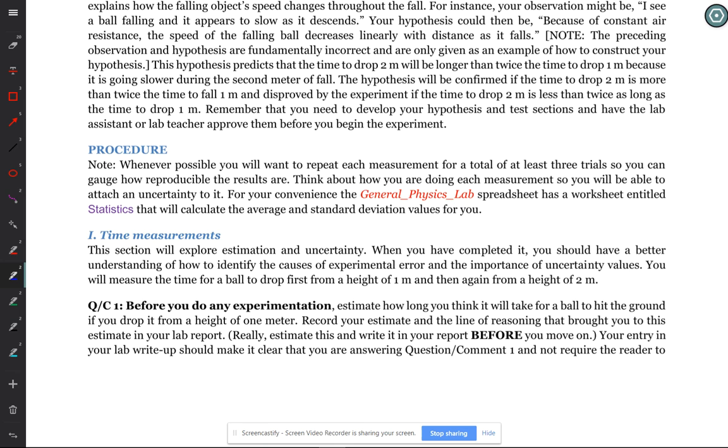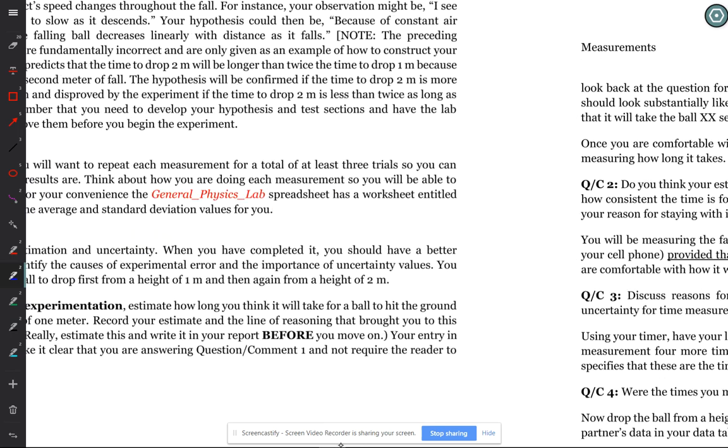How many seconds off do I think I will be? So after you have first made your estimate, then dropped it a few times, made a new revised estimate, giving the reason you changed it if you changed it, or the reason you didn't change it if you did not change it, and then you've come up with an estimate of how long you think it's going to be. Then you're going to get to actually doing it.